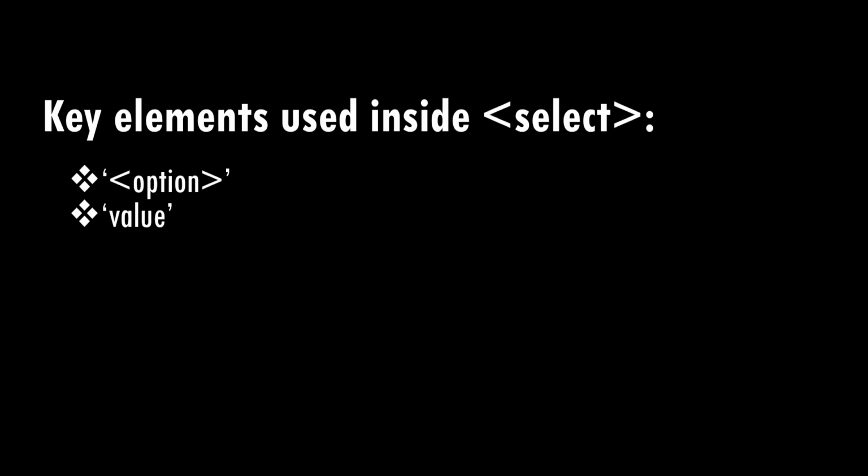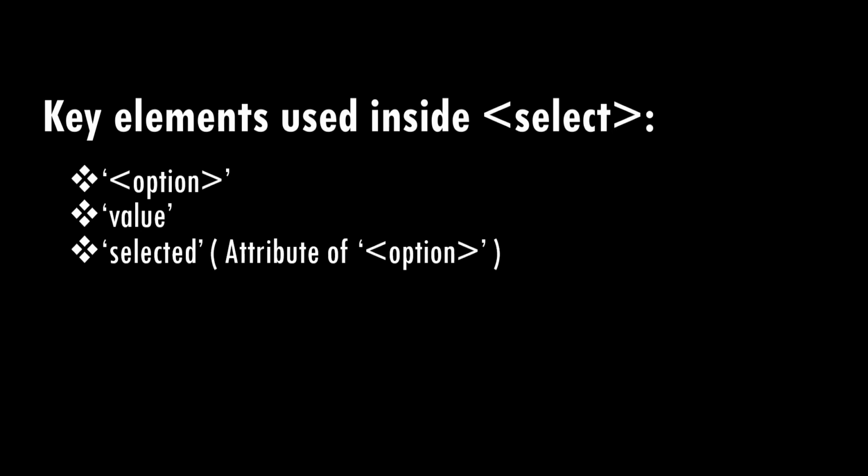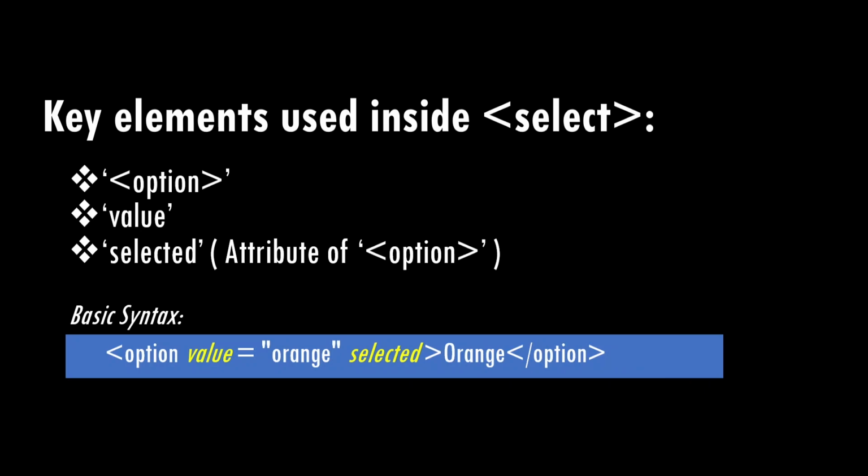If not specified, the content between the option tags is used as the value. Selected, attribute of option pre-selects an option when the page loads. This makes the option the default choice. Here is the syntax.